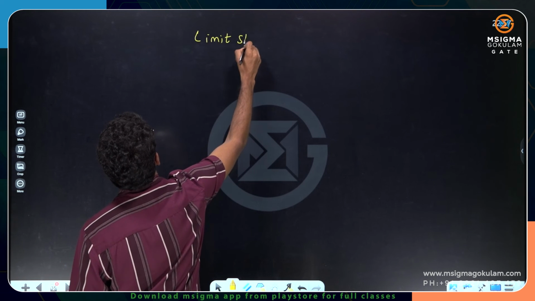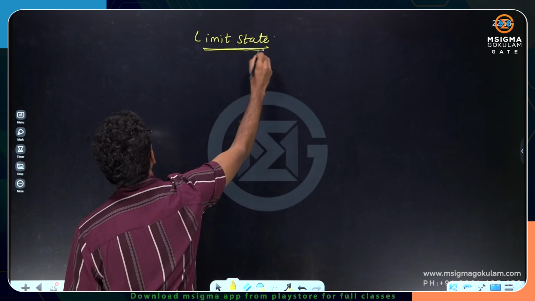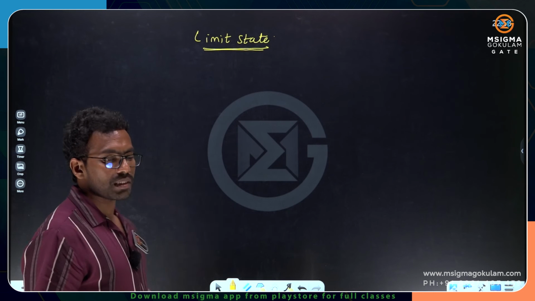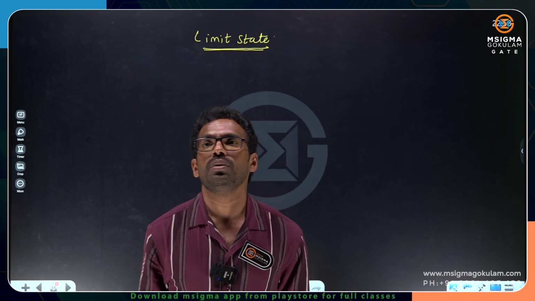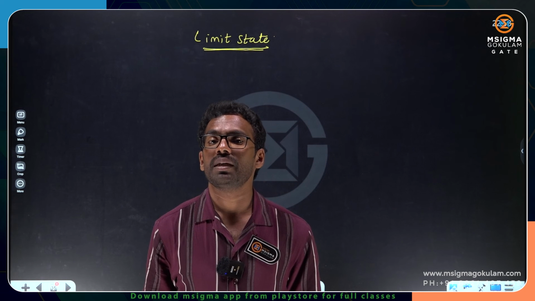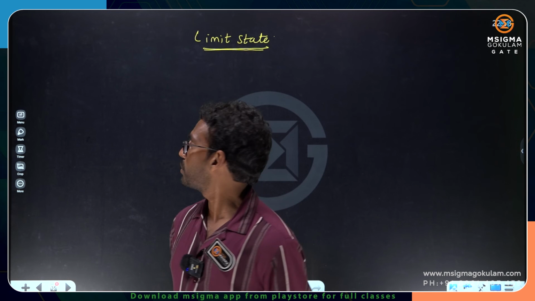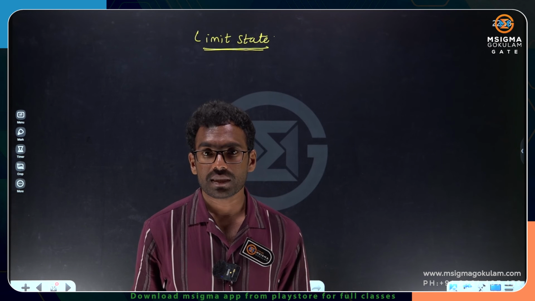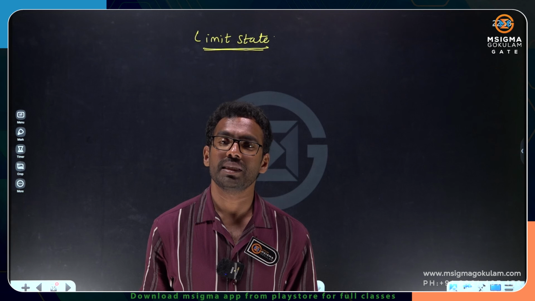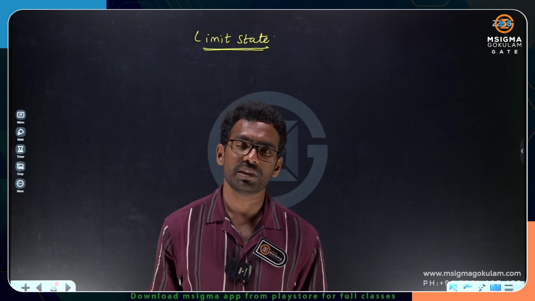What is meant by limit state or limiting state? The name itself is telling us: limit means maximum possible. Limit state is telling us at what maximum condition the material is going to fail, that is what we actually call limit state. It is the maximum most possible case where the material is about to fail, that is the limit state.